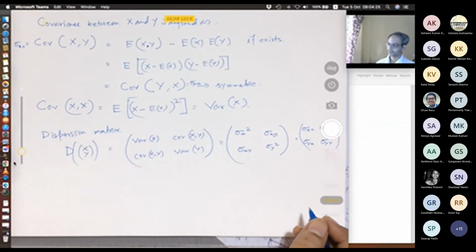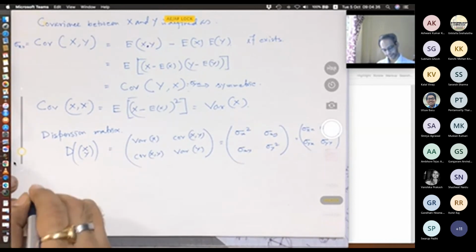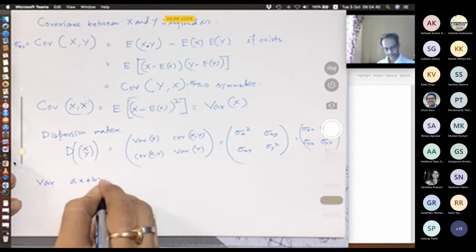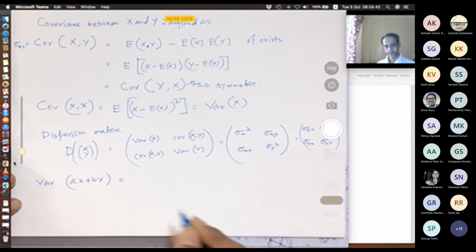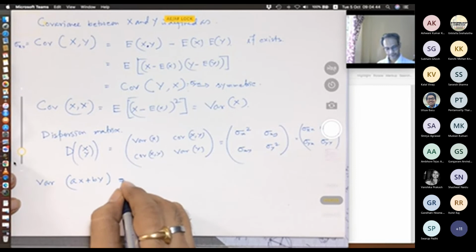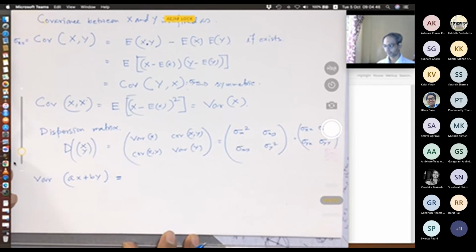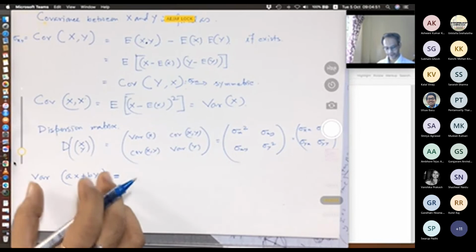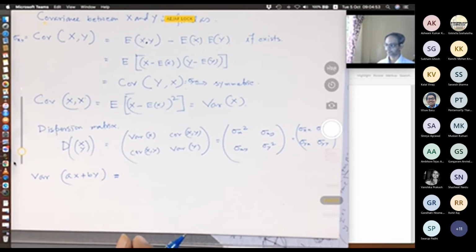Okay, so now if you consider covariance as we have defined, let us call for a situation: what will be the variance of ax plus by? Expectation we have just seen. Now let us talk about the variance of this kind of situation.